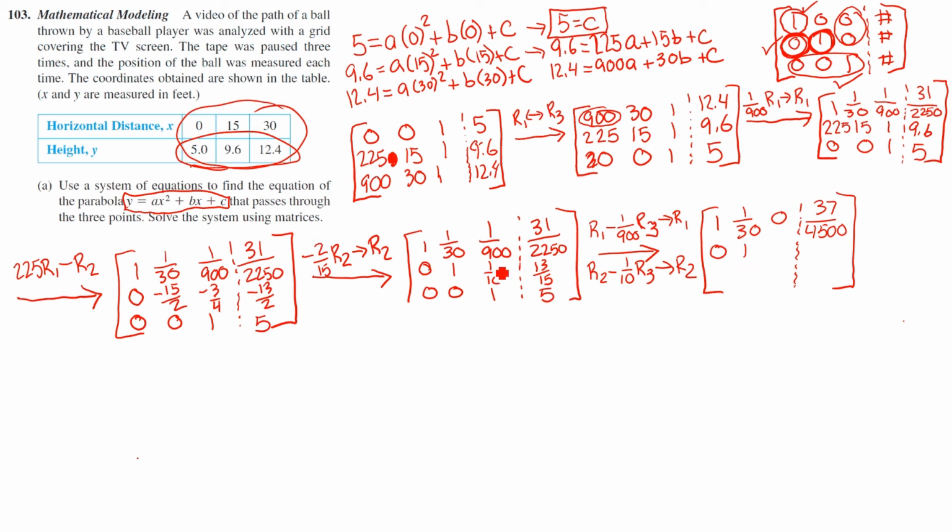We're going to do 1 over 10 minus 1 times 1 over 10, which is 0. And then we'll do 13 over 15 minus 1 over 10 times 5, which will give us 11 over 30. Then row 3 will remain the same.